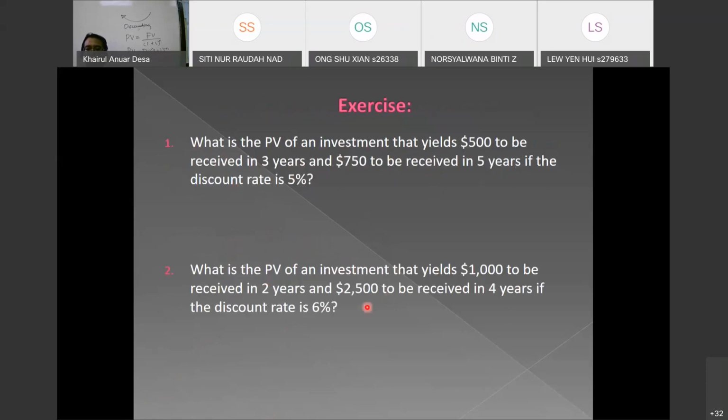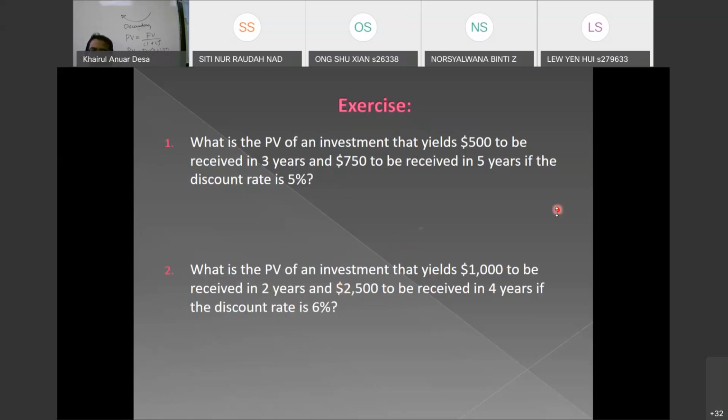Let's try this question. We have a little time. What is the PV of an investment that yields 800 to be received in 3 years and 750 to be received in 5 years if the discount rate is 5%?